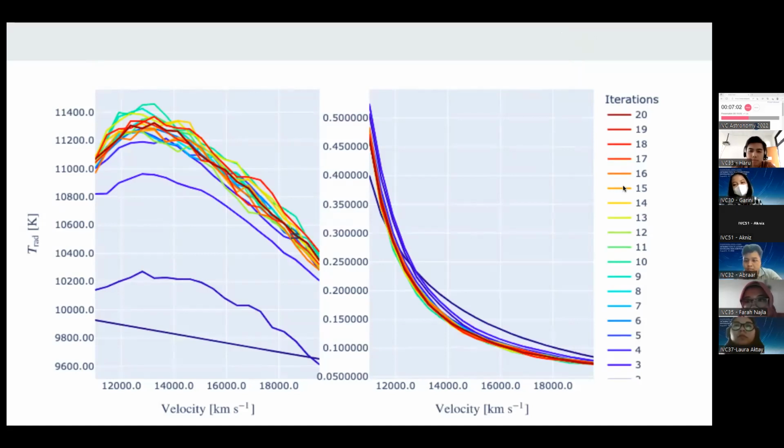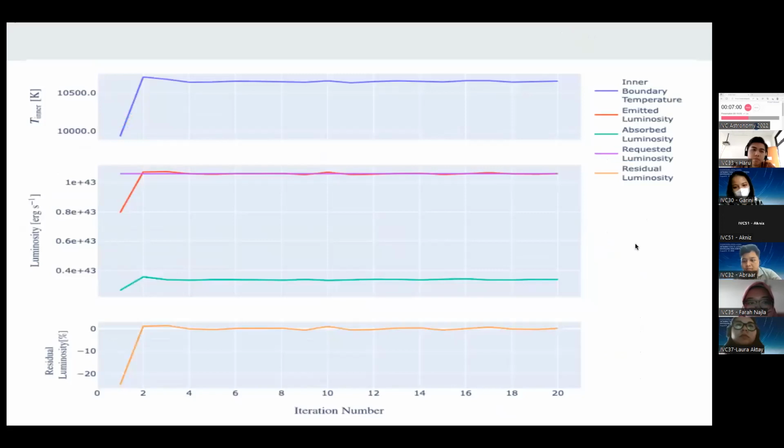And then next, we see here from top to bottom, in which the top is the inner boundary temperature graph, in the middle it's the luminosity for emitted luminosity, absorbed luminosity, and requested luminosity, and the bottom graph is the residual luminosity.